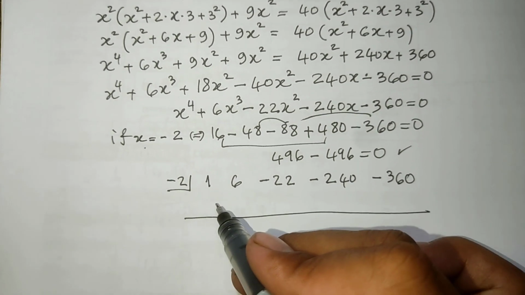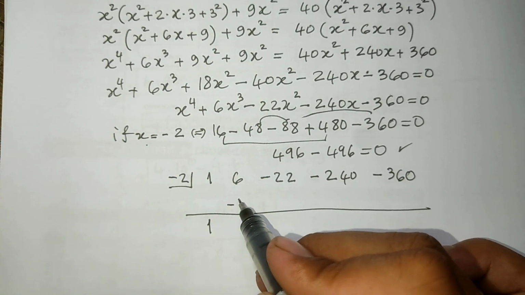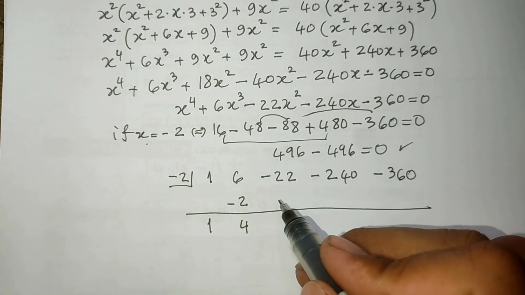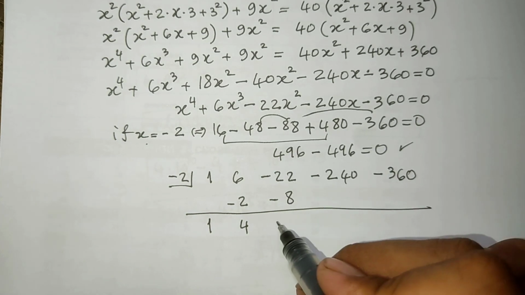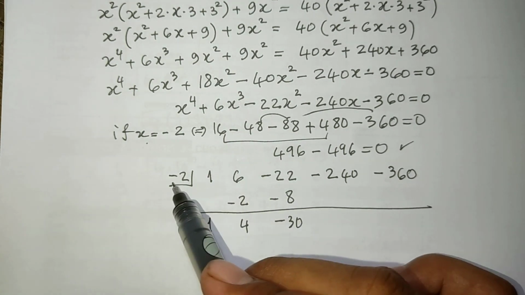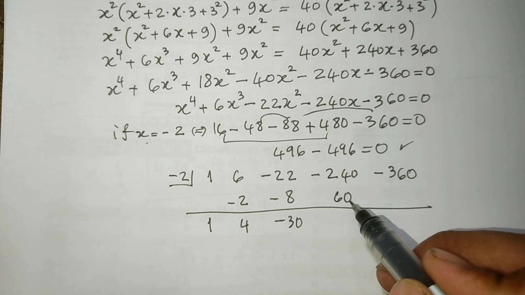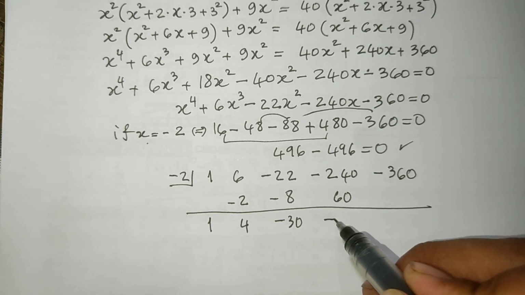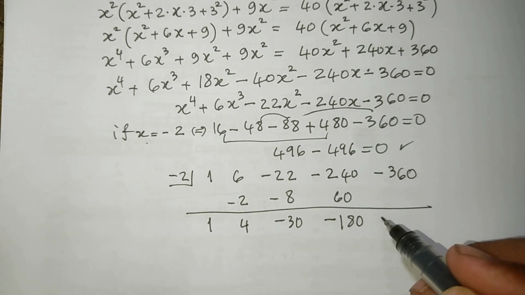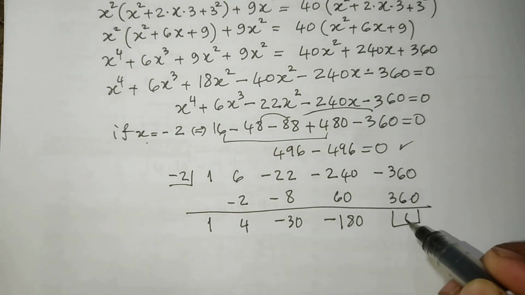We take 1 down and multiply with negative 2, we get negative 2, and we get 4. 4 times negative 2 we get negative 8, and we get negative 30. Negative 30 times negative 2 we get 60, and we get negative 180, and times negative 2 we get 360, and we get 0.